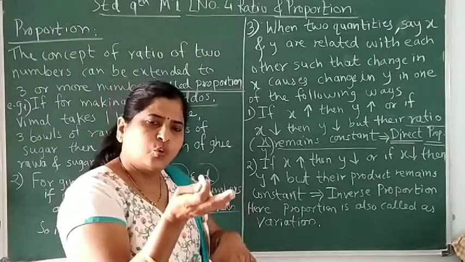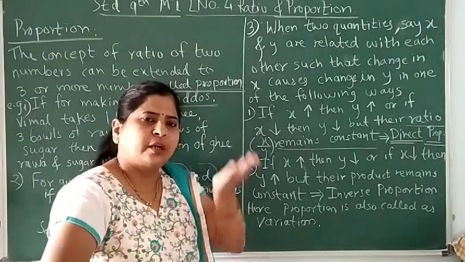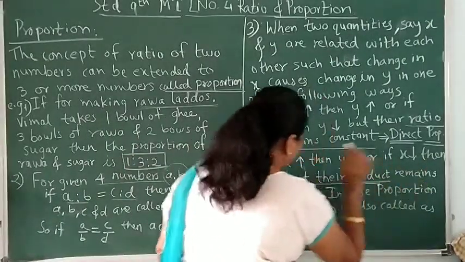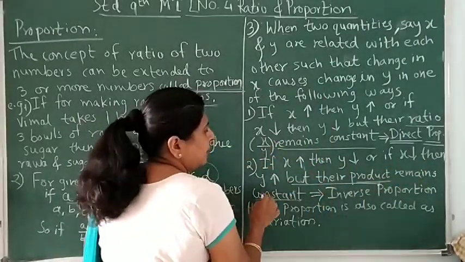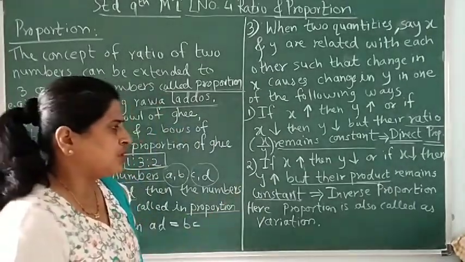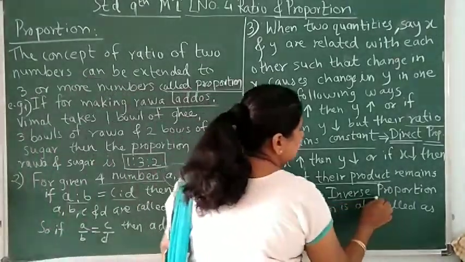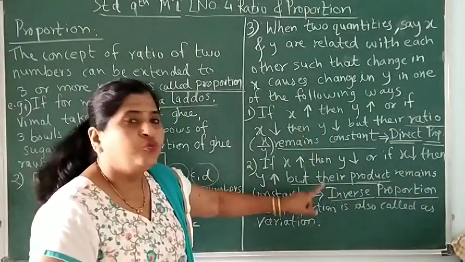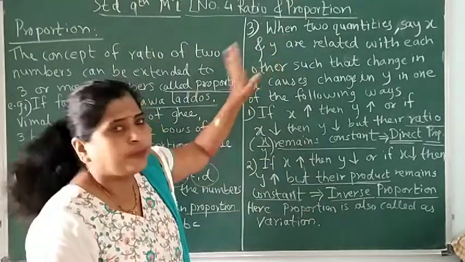One goes up, the second goes down; one goes down, the other goes up. But their product remains constant. If the product remains constant, we call it inverse proportion. So basically direct and inverse are the two types of proportion.